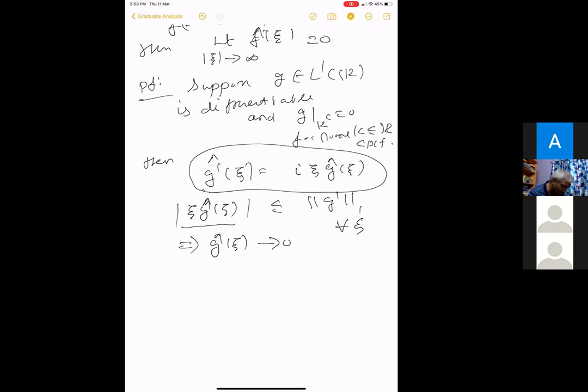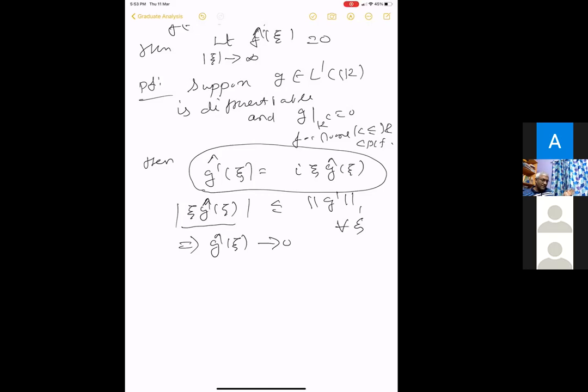You have an L1 function. This is actually very easy to do; let me just give an oral sketch. An L1 function has to die when it approaches infinity. It has to go to 0 as x goes to infinity, because you are integrating an L1 function.